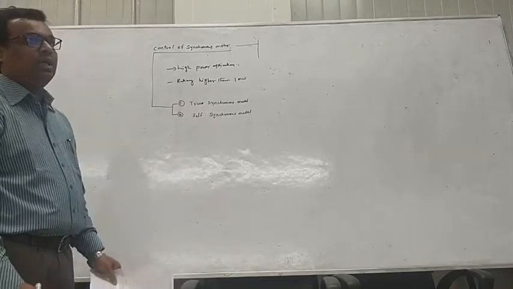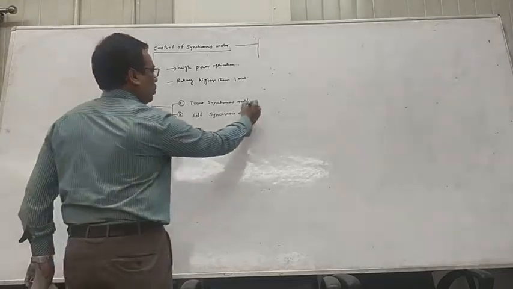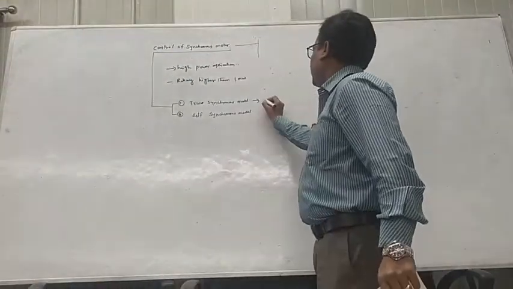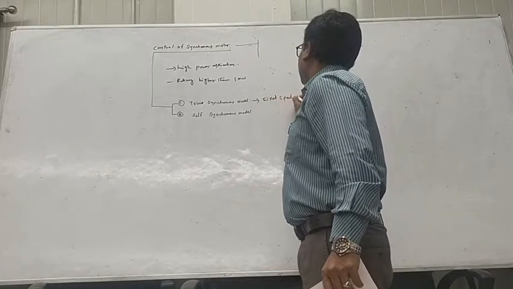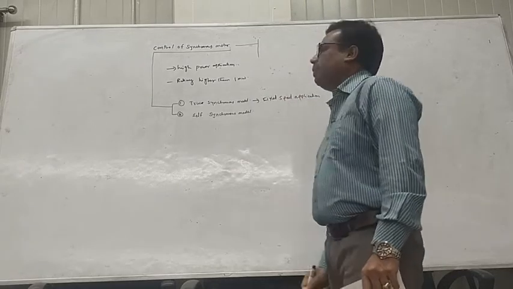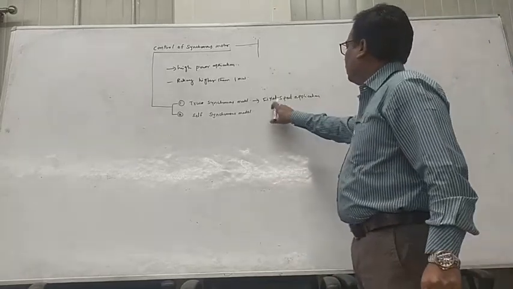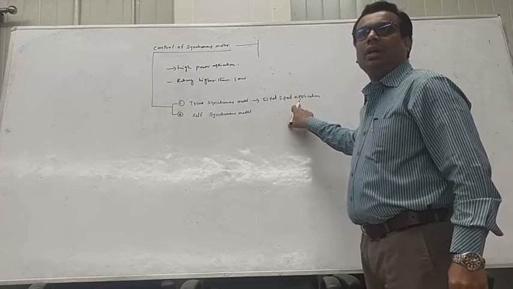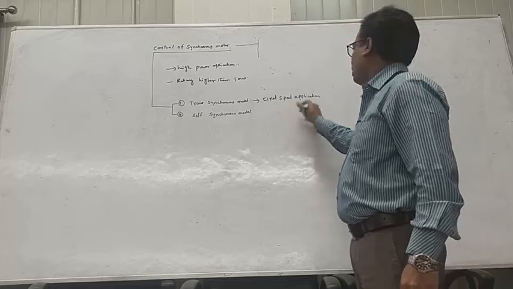What type of mechanism is there in the true synchronous model? This model is mainly applicable for fixed speed applications. As the speed is fixed, as you know the synchronous speed Ns is equal to 120 f by p, so the supply frequency is also constant.